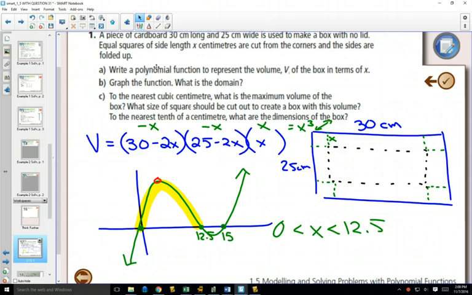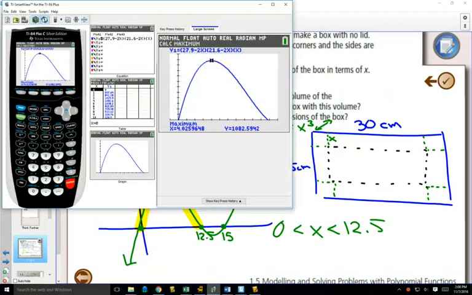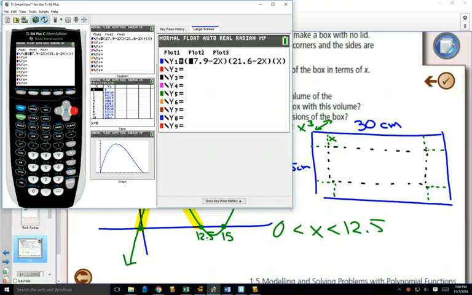Now we want to put this into our graphing calculator so that we can find our maximum. Again, it's important to be able to get our equation by hand so that when we go to graph it, we'll go to our y equals, and we'll type in 30 minus 2x, 25 minus 2x times x.